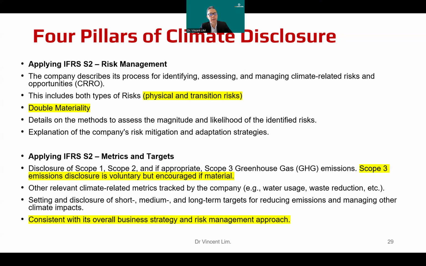So export carbon tax. Double materiality, you need to look at both sides. And the fourth pillar is metrics and targets. This is the most detailed pillar. Metrics and targets include scope 1, 2, 3, and include the greenhouse gas protocol. How do we calculate? I will go into it slightly.